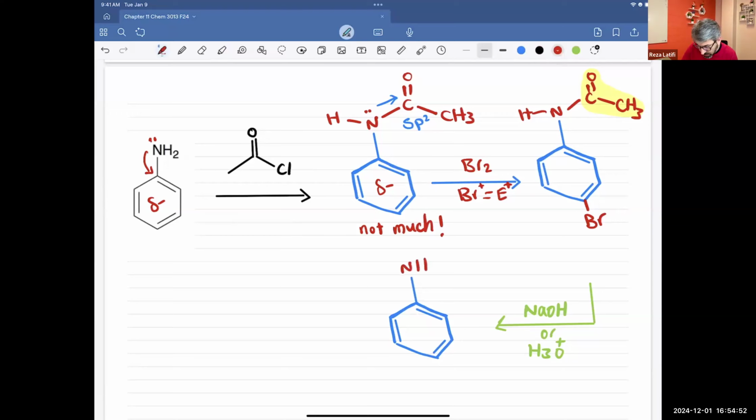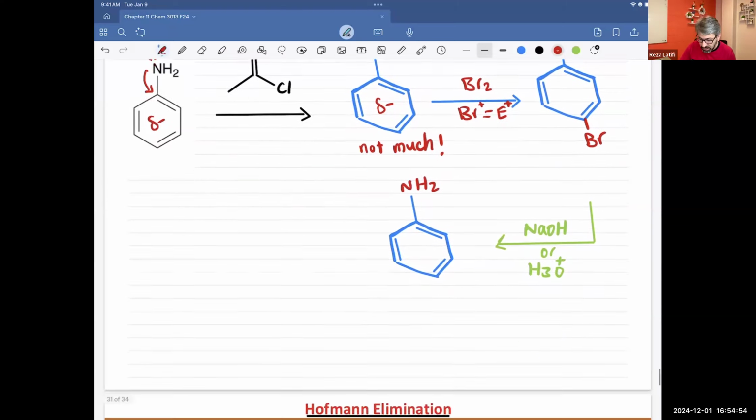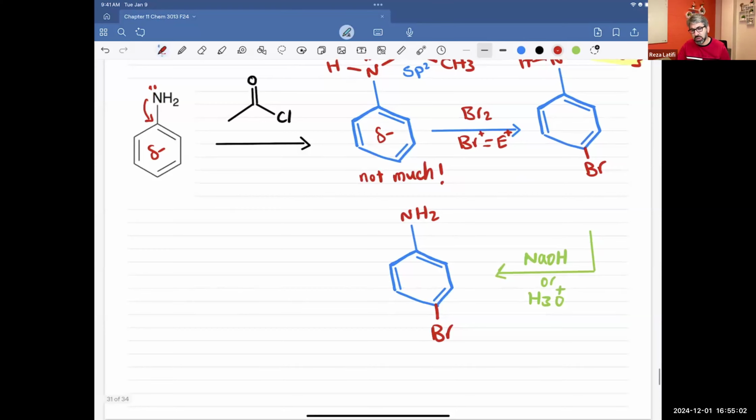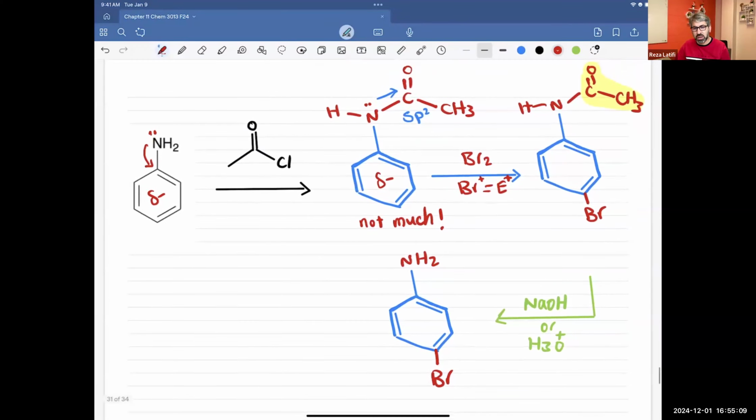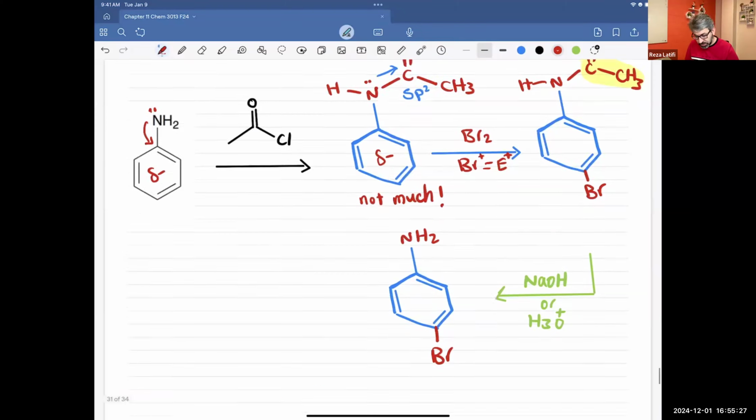We get the amine back, and in the para position we have bromo. So now we managed to get a monobromo product instead of a tribromo product. This is the benefit of using the acyl group to protect or block the NH2 group, and that way we reduce the electron donating character of the NH2.